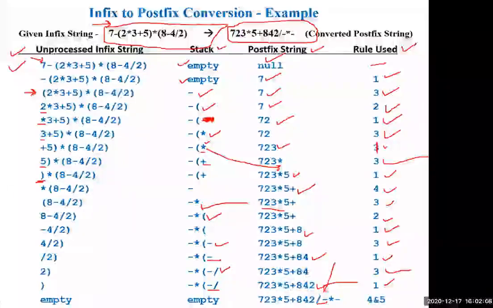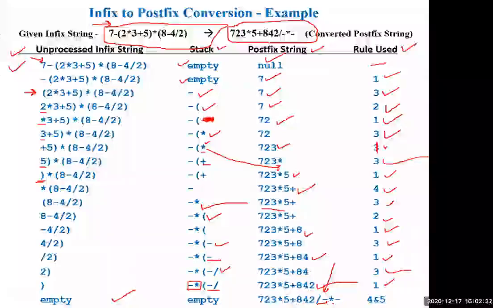Okay, and after that there is one more rule left, which is rule number 5, which says that when the infix string is empty, then we have to pop the operators whichever are left inside the stack and add them to the end of the postfix string.